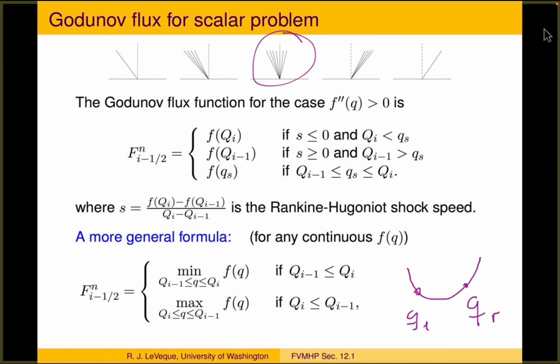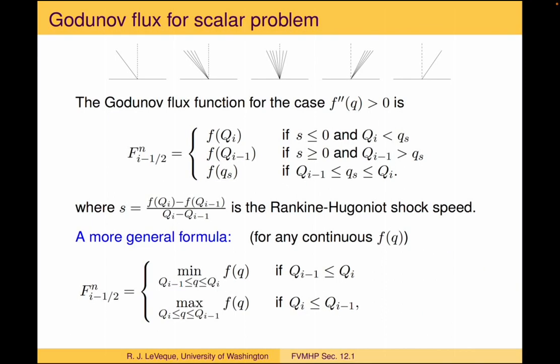And so we'd look at the minimum value of f over the interval, and that would then give us exactly the sonic point down here in the middle, or f evaluated at the sonic point would be the value of the flux in that case. So this general formula, you can convince yourself, works fine for any convex problem, but it turns out it even works for arbitrary non-convex fluxes as well.